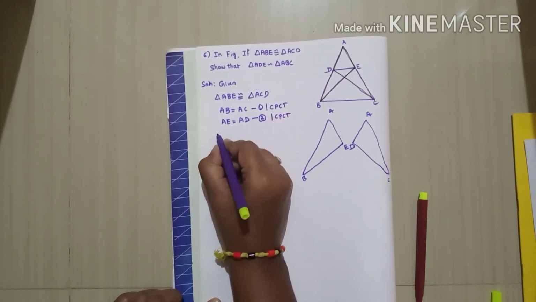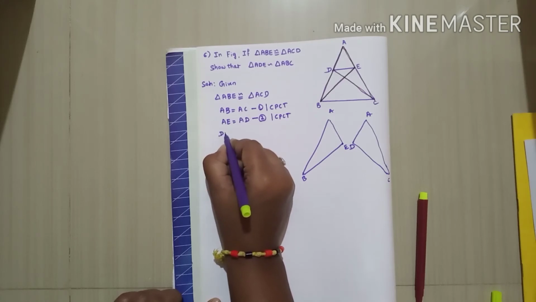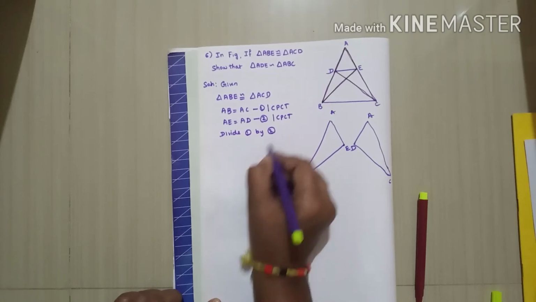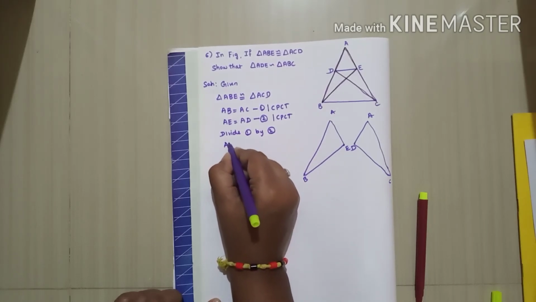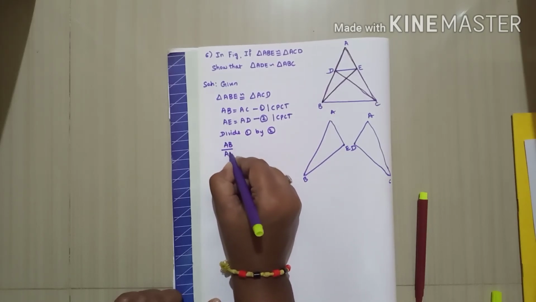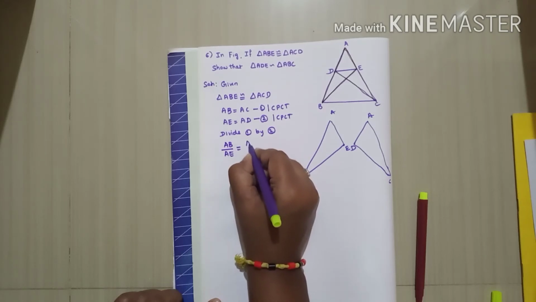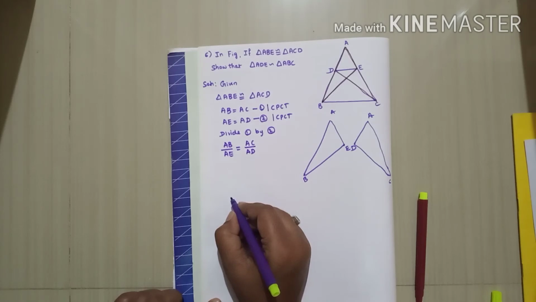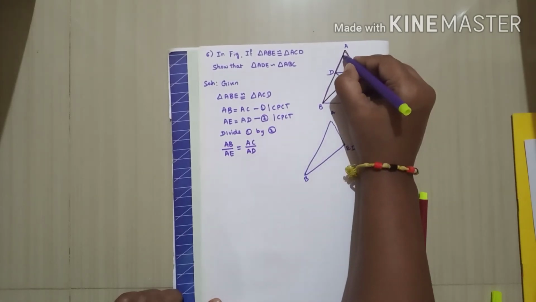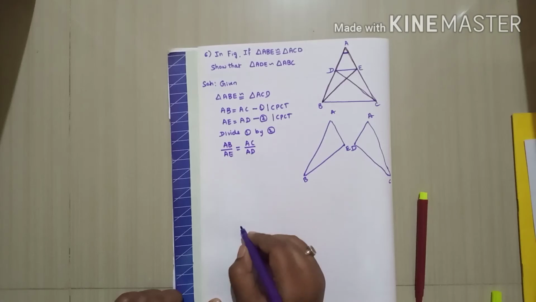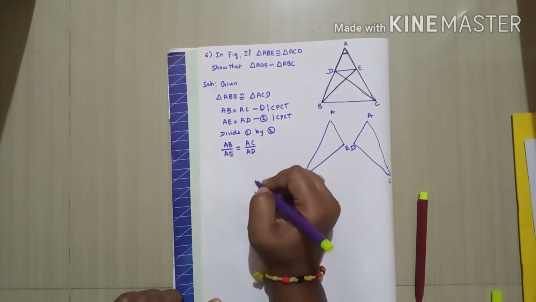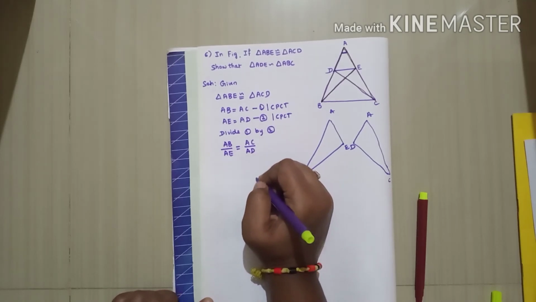Now you divide 1 by 2. So AB divided by AE is equal to AC divided by AD. After dividing, just to keep this, then here what we want to prove?